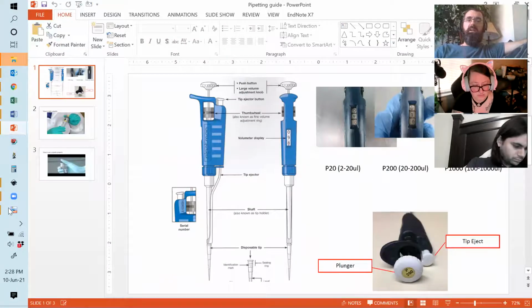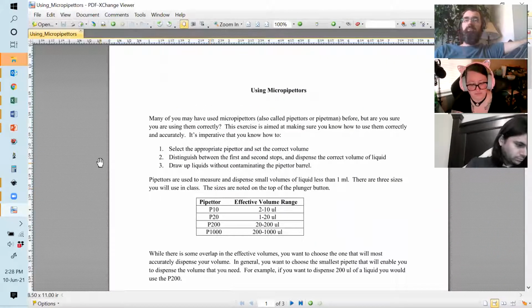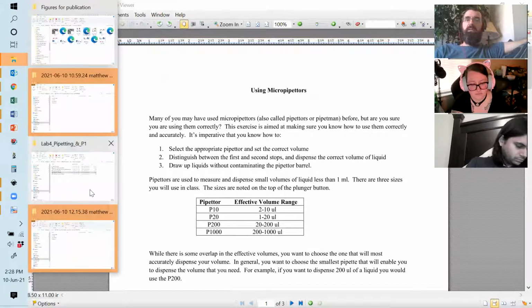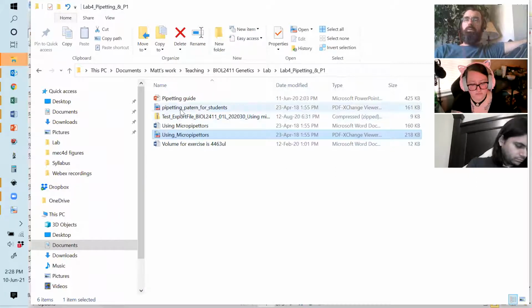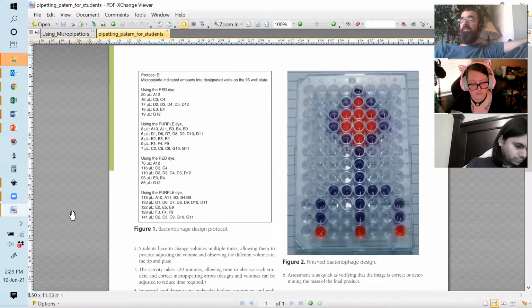So the idea is, this is basically the lab exercise that you would be doing. Essentially this is a 96 well plate, a plastic plate with 96 wells in it, and you would be filling each of these wells with different volumes of liquid to generate this pattern.